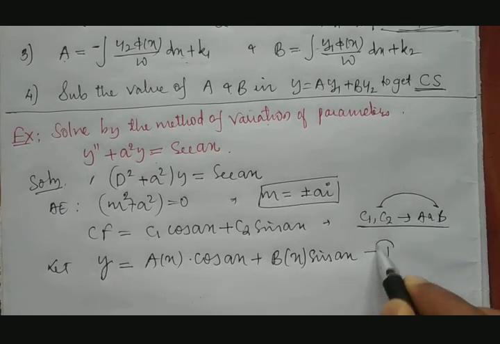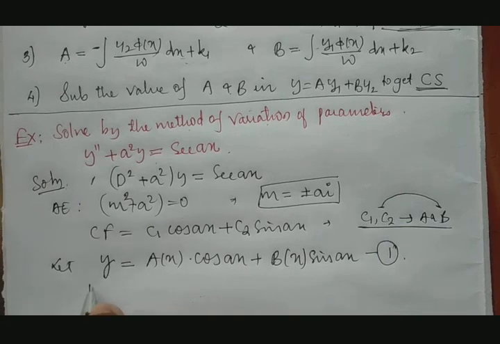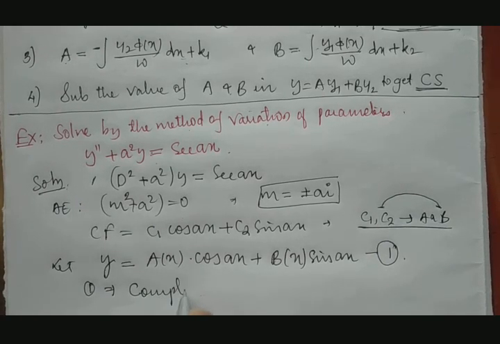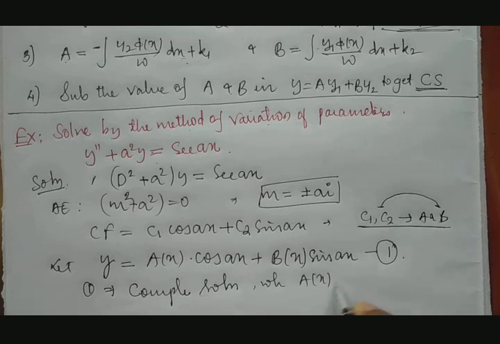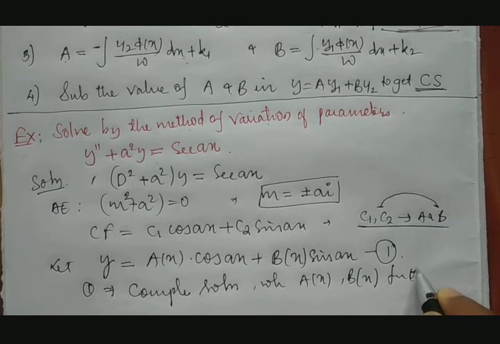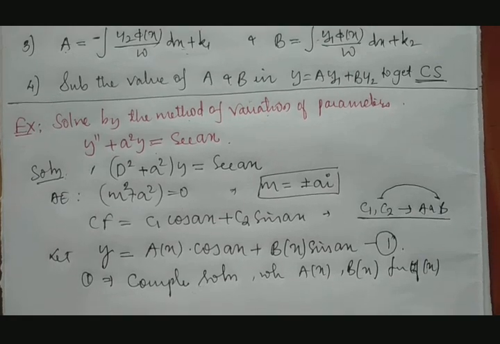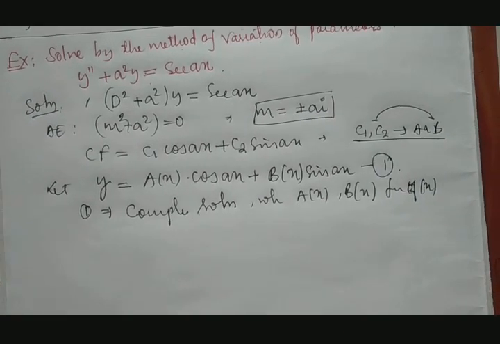We call this equation number 1. This equation number 1 represents a complete solution, where A of x and B of x are functions of x which are to be calculated now, which are to be found.